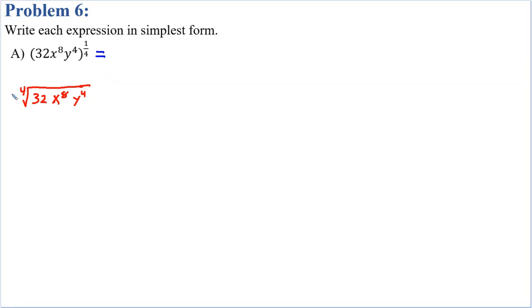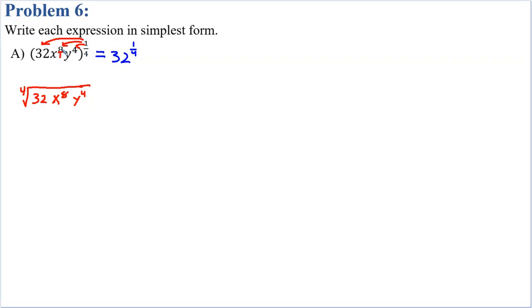If we think about this in terms of exponents, raising exponents to exponents, all I've got to do is raise everything to the 1/4 power. 32 to the 1/4 power, we'll just write as is for now. For the x to the 8th, raised to the 1/4, the rule for exponents raised to exponents is we multiply, so this is 8 times 1/4.